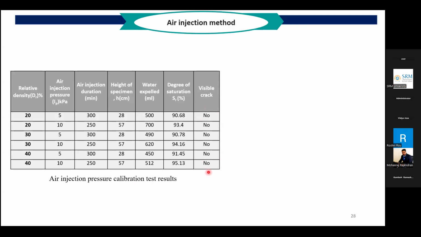Once cracks have developed in the soil system, the soil will lose its strength, so that should not be allowed. So the air bubble injection was continuously monitored and visible cracks were checked for.